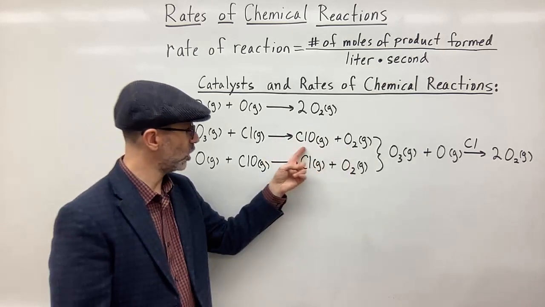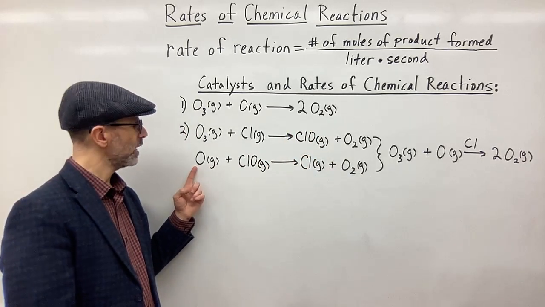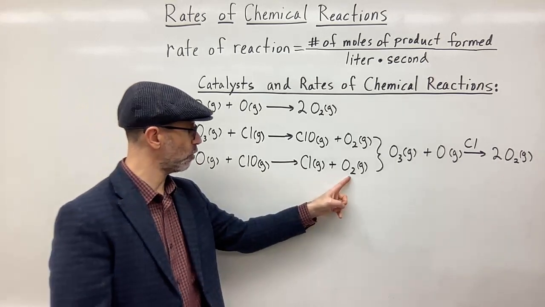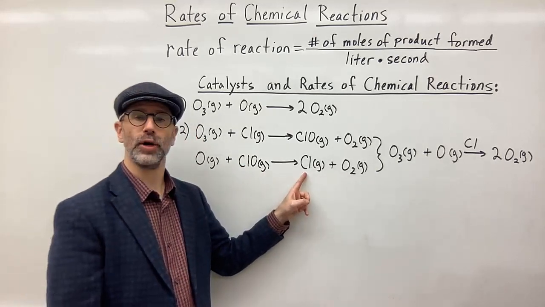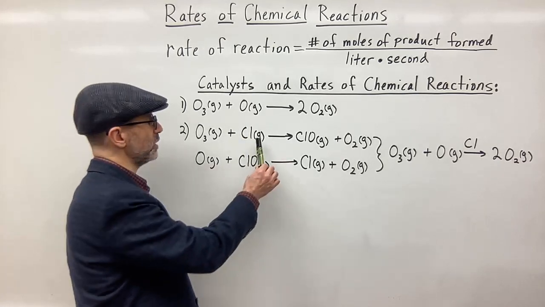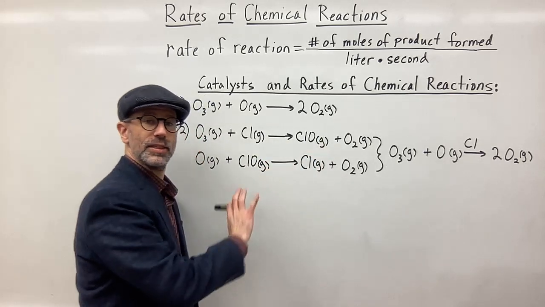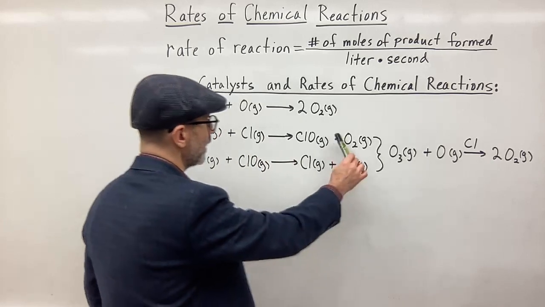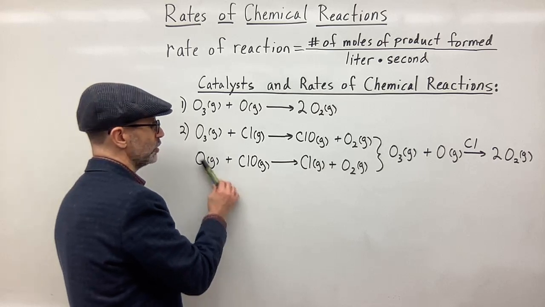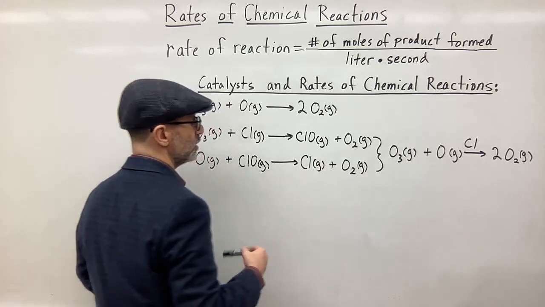But then the ClO can further react with the oxygen atom, forming a bond between the two oxygens to form O2, and that leaves your chlorine behind. So you'll notice here that the chlorine is used; it combines with an oxygen and is now ClO, so the catalyst is gone. But then the ClO is used to cause this oxygen to react with that oxygen to form another O2, and you get the chlorine back.